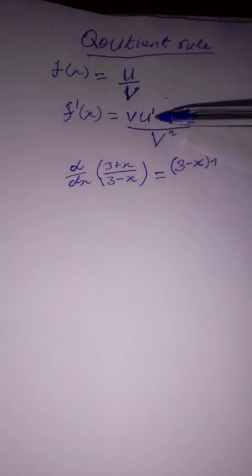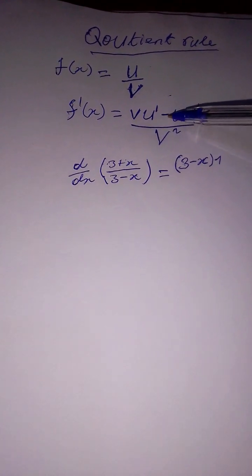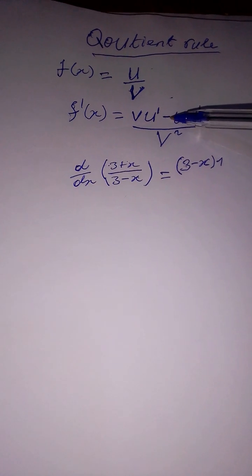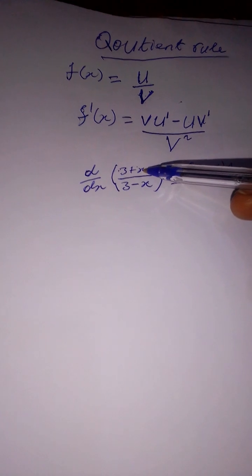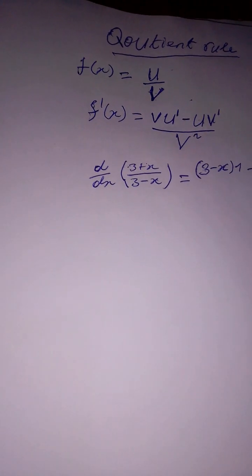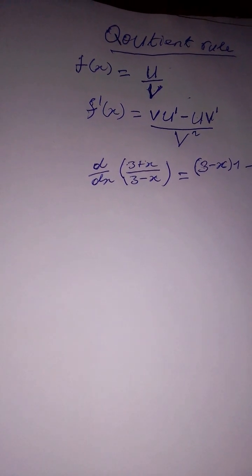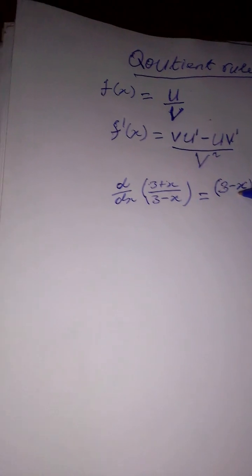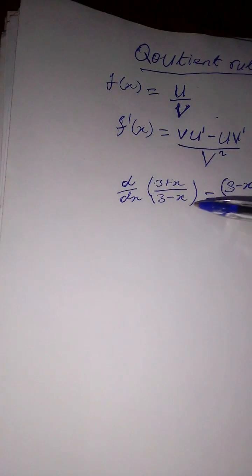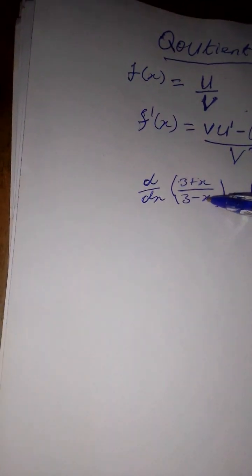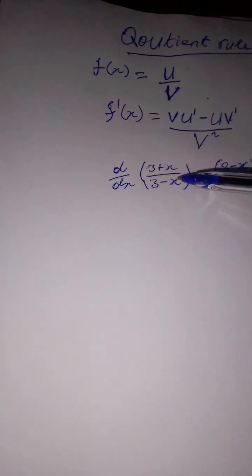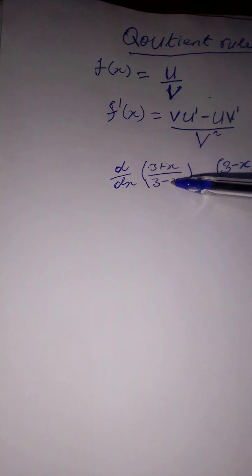Let us continue with the quotient rule. The quotient rule asks us to subtract the numerator times the derivative of the denominator. So our numerator here is 3 plus x, and the derivative of the denominator will simply be negative 1, because we subtract 1 from the power and multiply by 1.